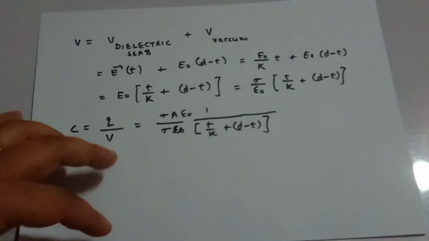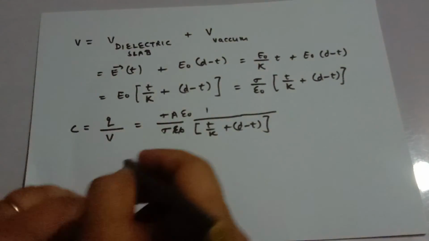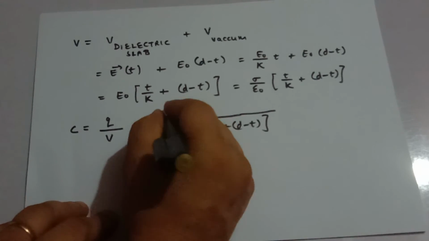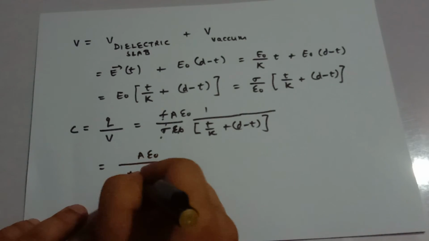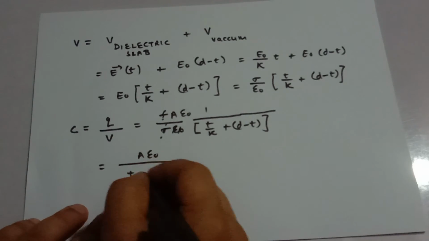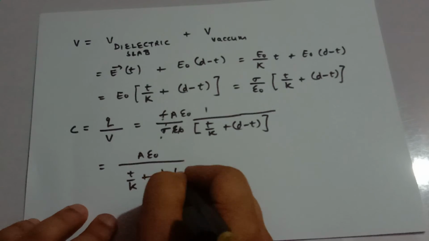That's all. Sigma would cancel out, and that can be written as A epsilon naught divided by (T by K plus D minus T).